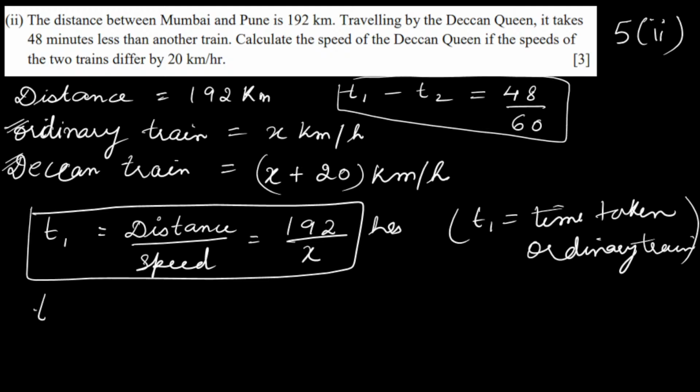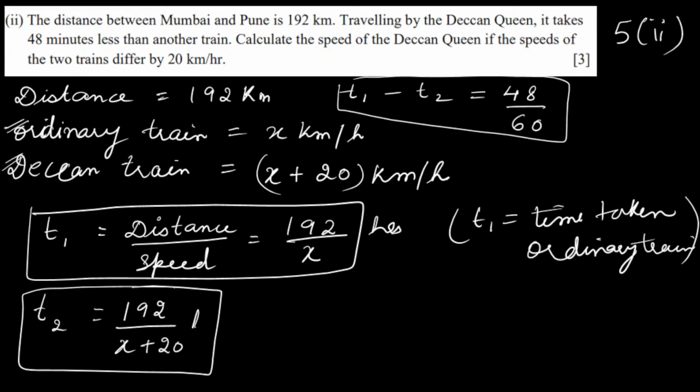T2 is the time taken by Deccan Queen. Again, distance by speed. Distance is 192 and speed here is x plus 20. So 192 by x plus 20 hours is the time taken by Deccan Queen.